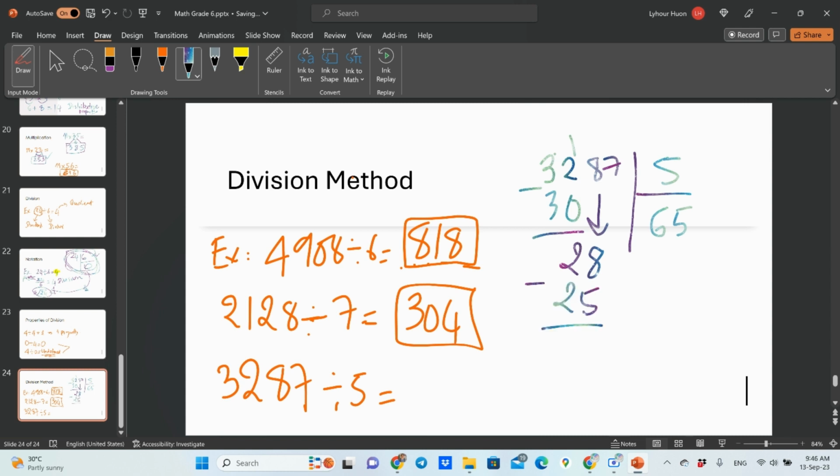So 28 minus 25 is 3. And then we drop another digit, the 7.